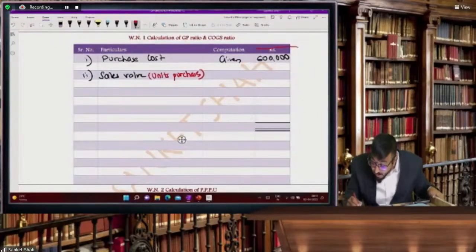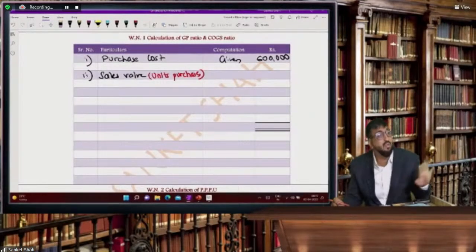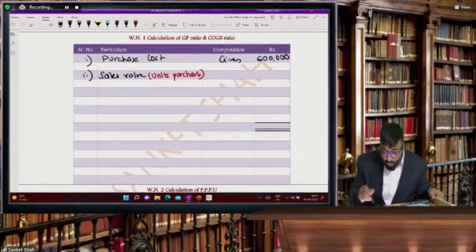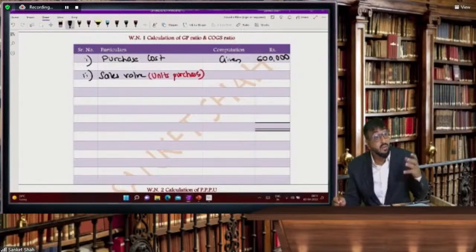Because you do not have this figure of COGS. You have the figure of purchases, and all purchases are sold at a uniform rate of GP. Uniform rate, and that's why you can use this shortcut. So this is the first time. Normally GP is on units sold, but here we are selling what was purchased.